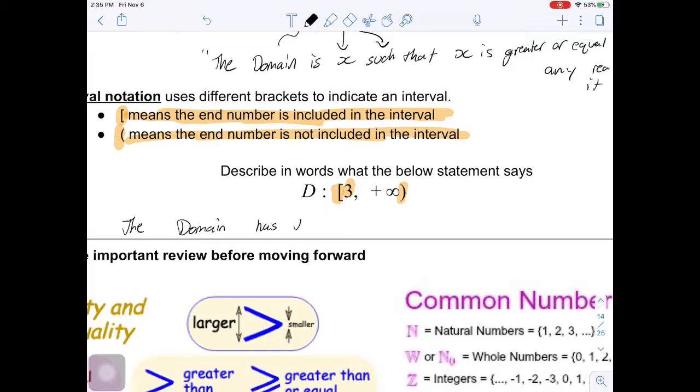The smallest number in our domain is 3, and 3 is included.